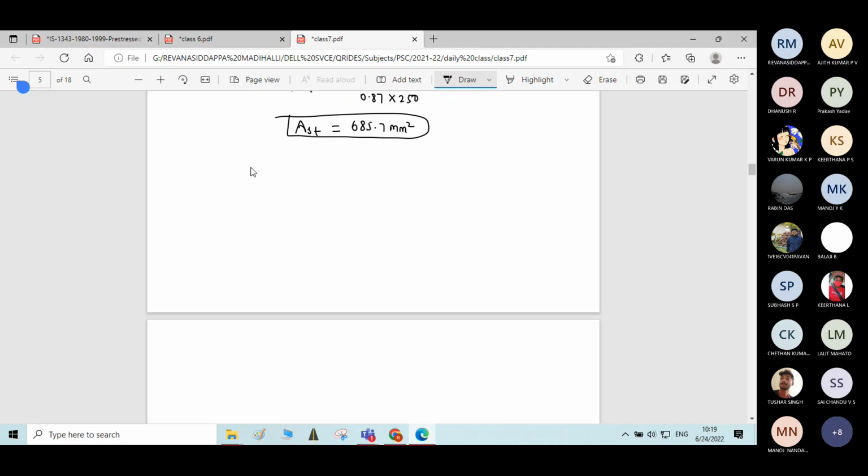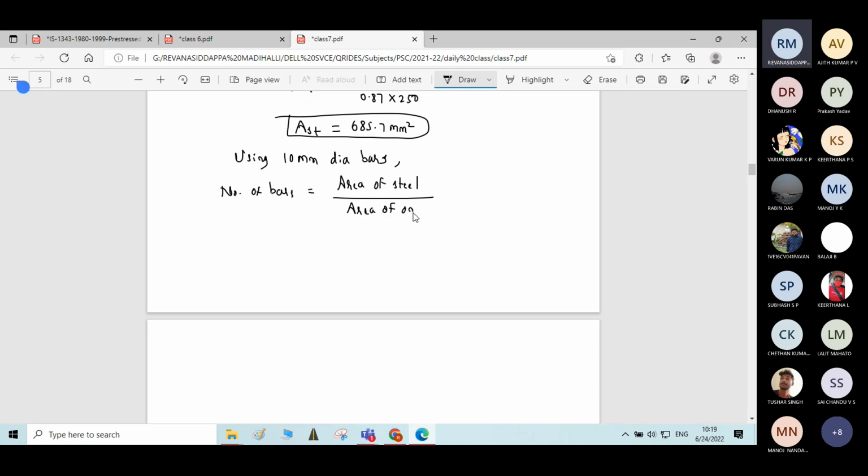Now decide the diameter of the bar to be provided. I'll assume we are using 10 mm diameter bars. How do we find the number of bars? Number of bars is the total area of steel required divided by the area of one bar.